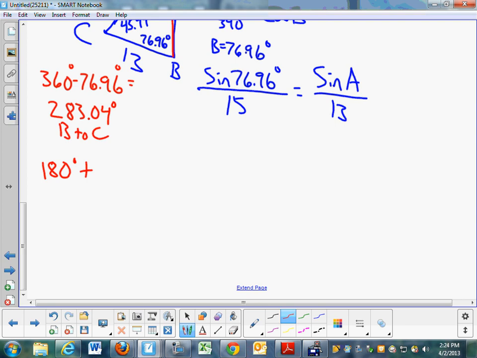Very good. 180 plus 57.6, and you get 237.60 degrees. You guys told me it was somewhere between 180 and 270. Does that make sense? Okay, we're going to talk about bearings more tomorrow. But they don't generally give, this is what we call a standard form of a bearing. Normally they say like north 37 degrees west. We'll talk about what that means.